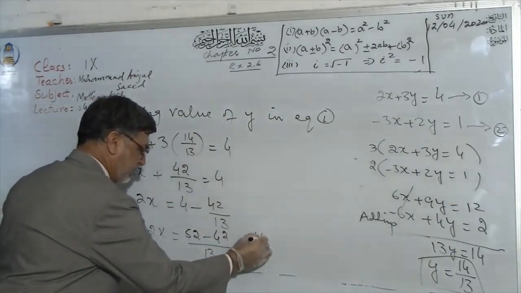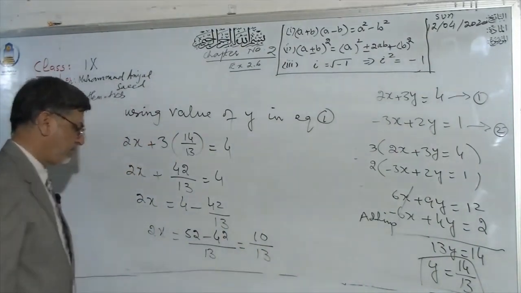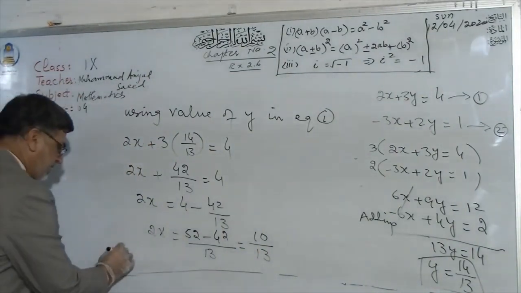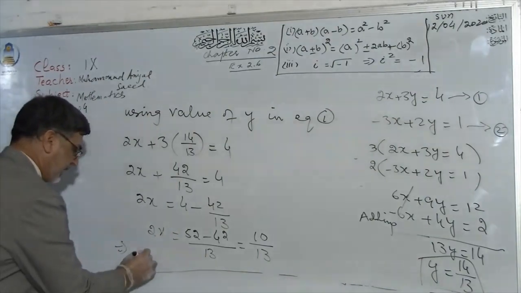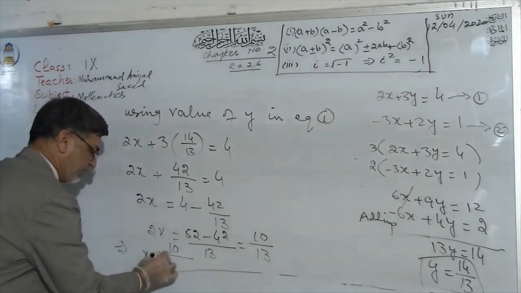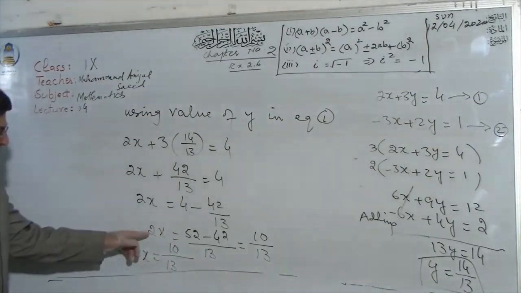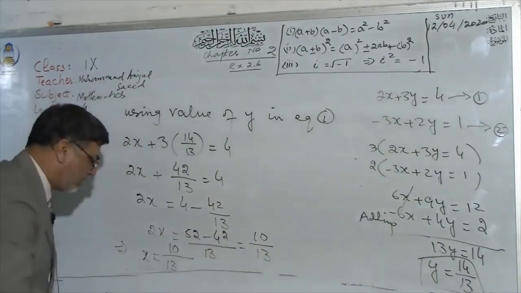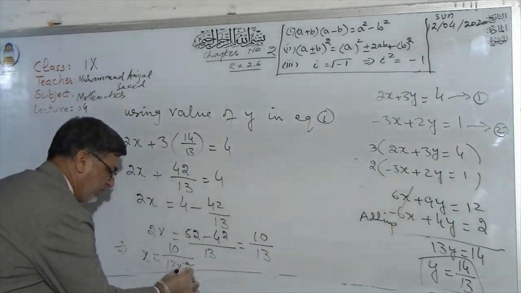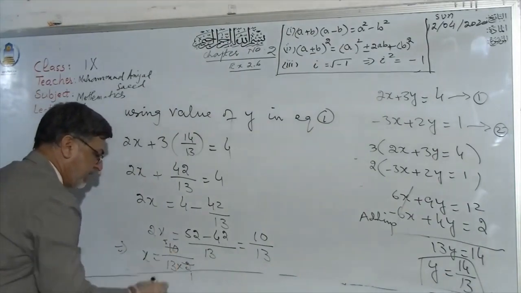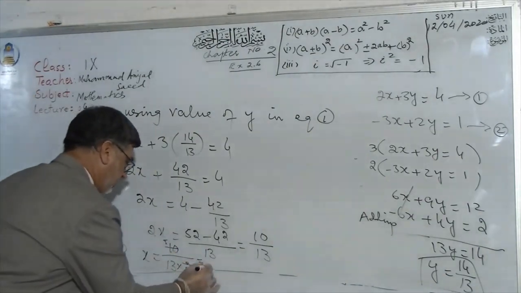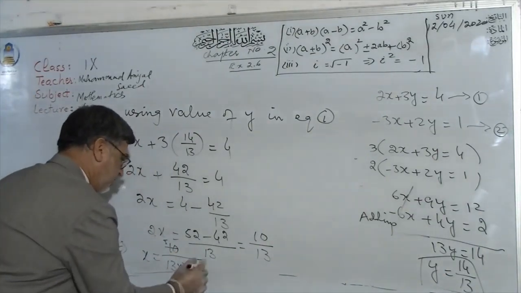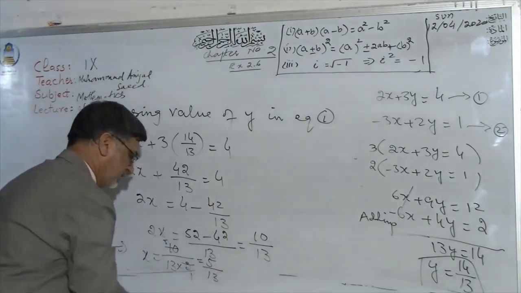That is equal to 10 over 13. Implies that x is equal to 10 over 13. This 2 was multiplied, on the other side it will go down, and it will cancel this 10. It will become 5. So x will be equal to 5 over 13.